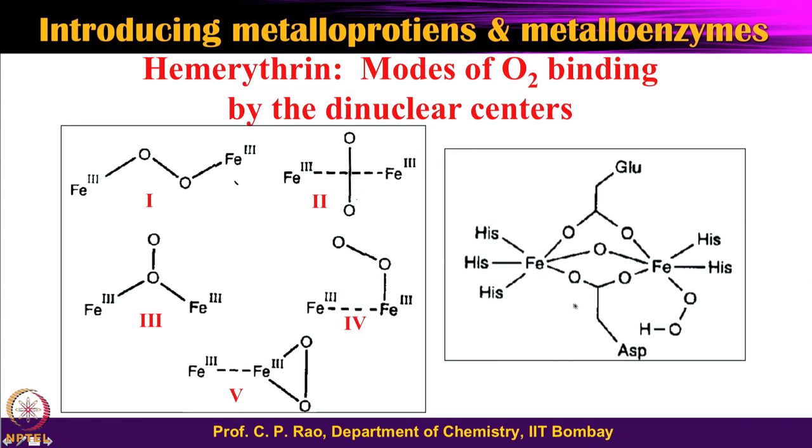This is not so much of importance here because I will be explaining this later, but since the binding modes are there, I have shown it over here. So, what is happening here? The iron which has a 5 coordinated will bind to the OO and both the ions will give 1 electron each, then OO minus, and the OH hydroxyl proton is transferred to this.